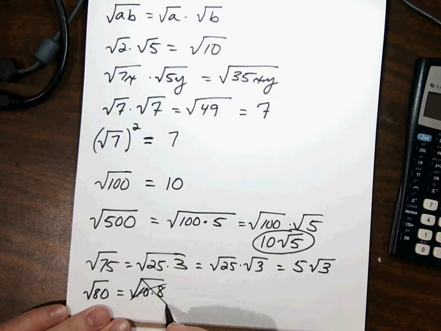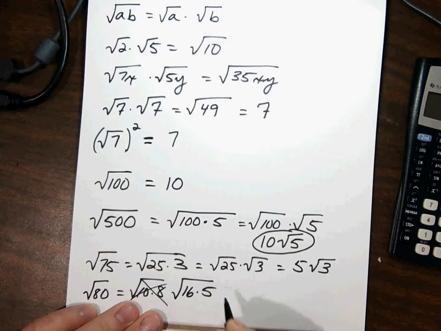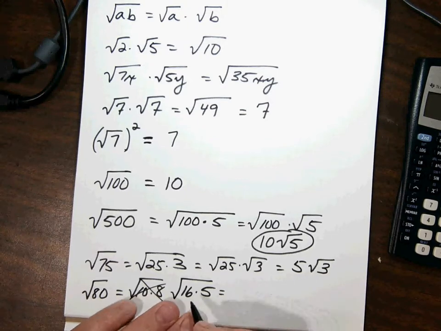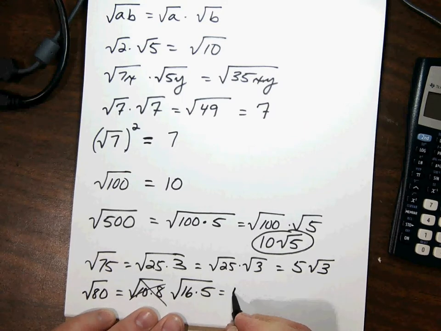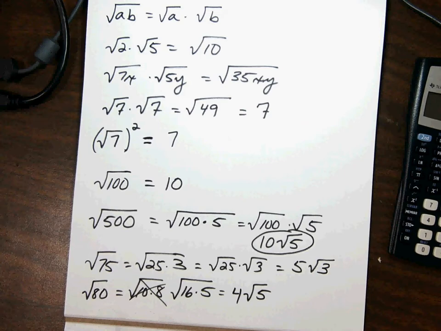But what if I called it 16 times 5? 16 times 5 is 80. 16 is a perfect square root. Let's just do it in one shot here. We're going to square root that 16 out of there so it becomes a 4 out front, and then I'm left with a 5.